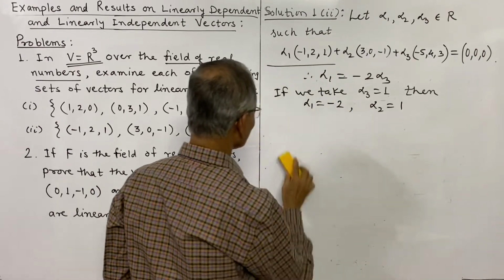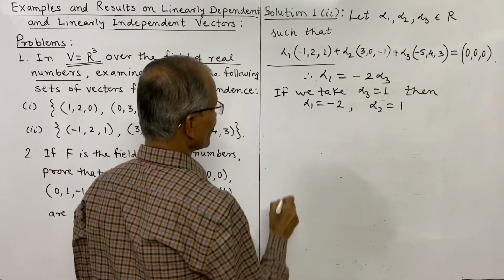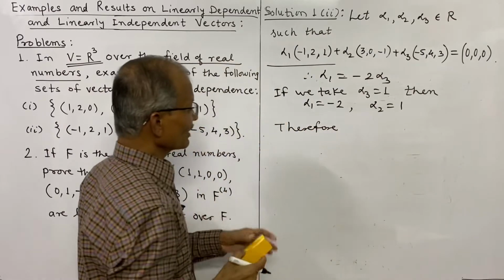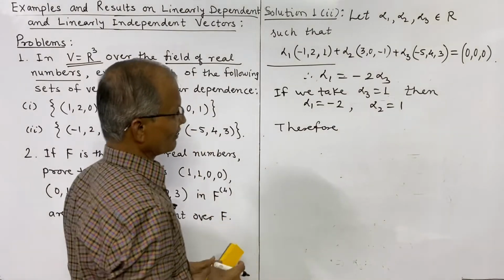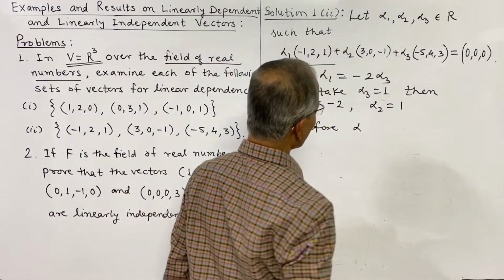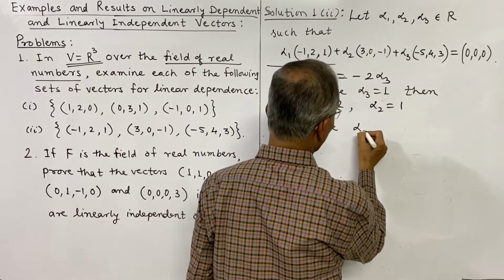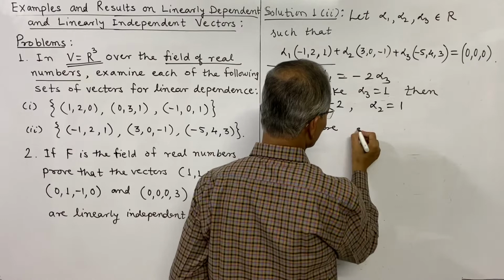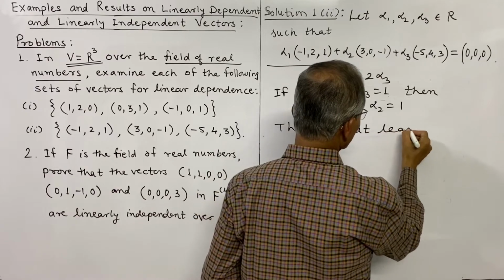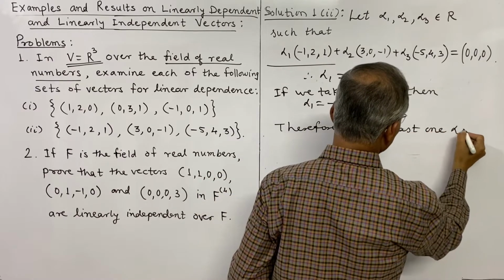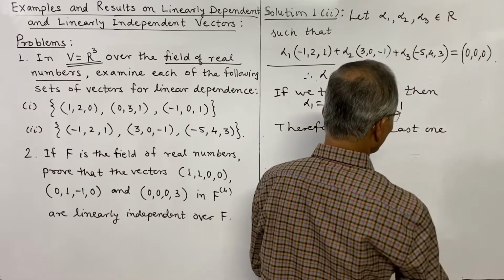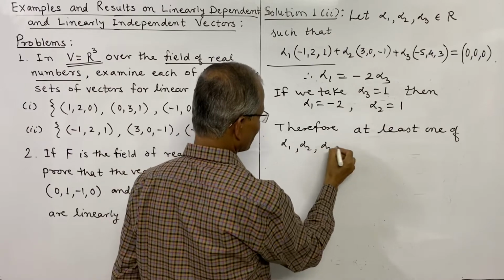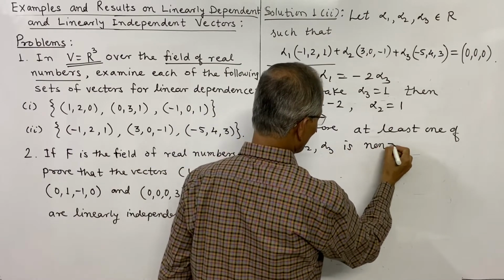Therefore at least one of alpha 1, alpha 2, alpha 3 is non-zero.